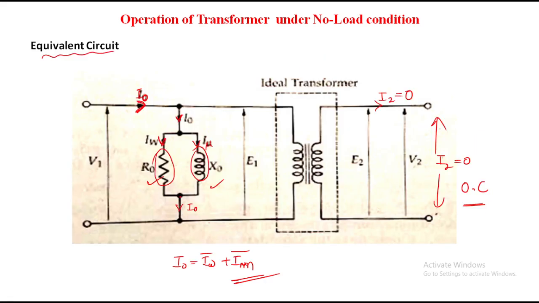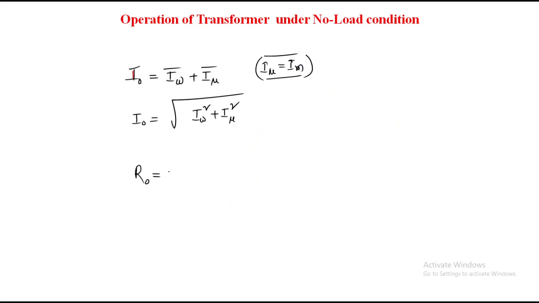So from this we can write R naught, which is equal to, to get this R naught, the voltage across this branch is nothing but what? V1 only. So V1 by IW is nothing but R naught. Like that, X naught is what? V1 by I mu. And X naught should be equal to supply voltage by I mu. And which one is more?